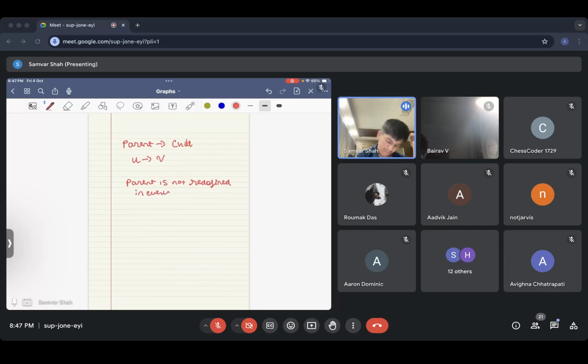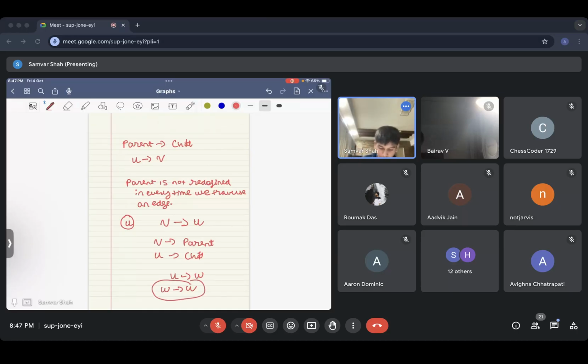Every time we traverse an edge, a parent-child relation is defined at the first point when I visit, say, u, from the vertex from which I visited u, that is to say, v. So if I went from v to u, v would be the parent and u would be the child. And now, when you move from, say, u to w, and then you come back from w to u, you do not say that w is the parent of u. You already have that the parent of u is v. So the same false identification does not happen.